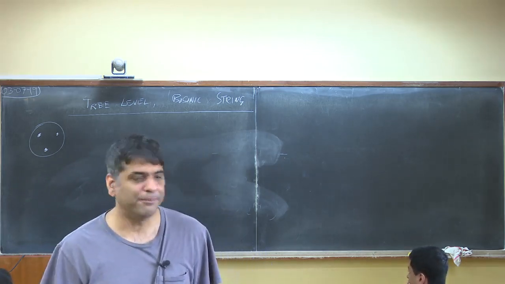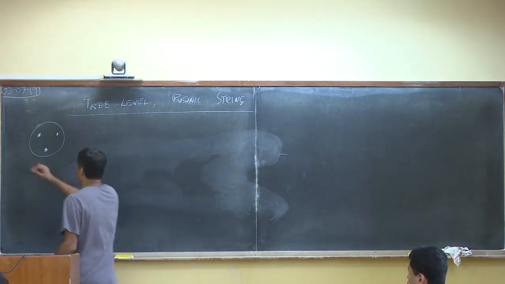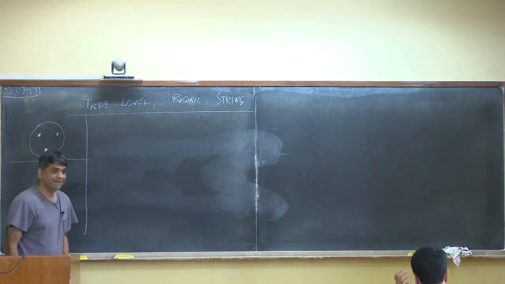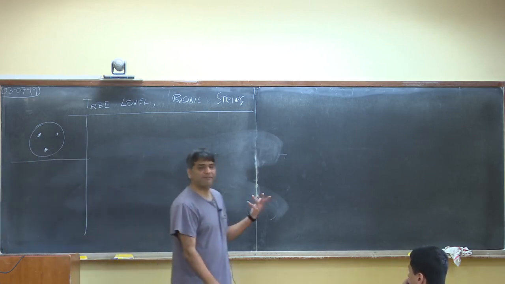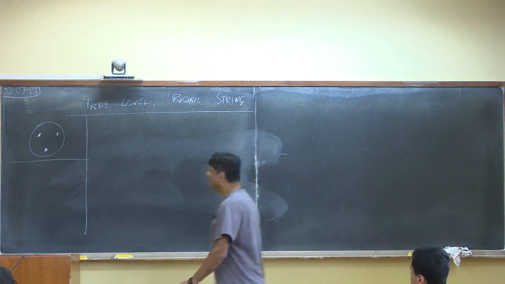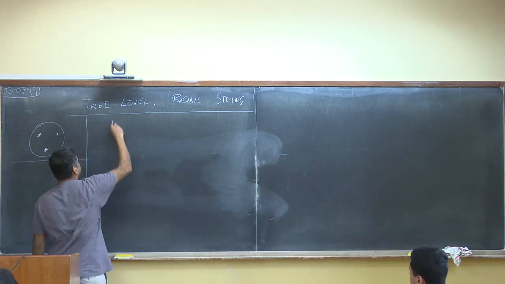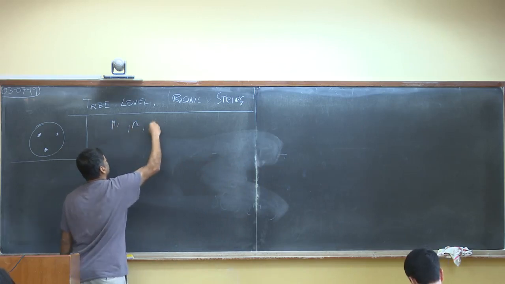Before we start actually computing 3-point scattering, there are 2 or 3 things to say about it in general. Firstly, what can 3-point scattering functions depend on? Suppose we've got 3 particles. To start with, let's make them 3 scalars. And their momenta are P1, P2, and P3.